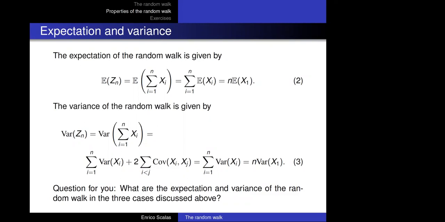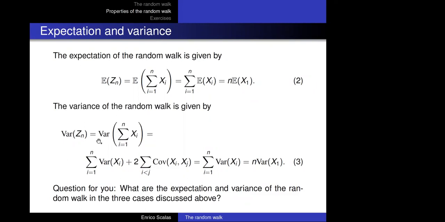So if you want to know what happens to Z10, you can apply this equation 2, you multiply by 10 the expected value of x1, and you get the expected value of Z10. And you can get very easily also the variance of Z10. You compute the variance of the sum of independent and identically distributed random variables.